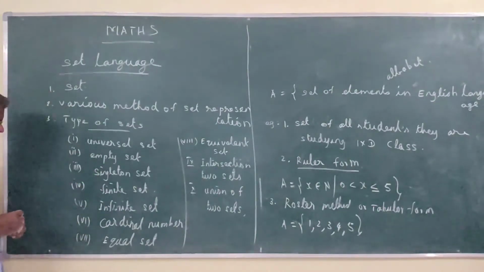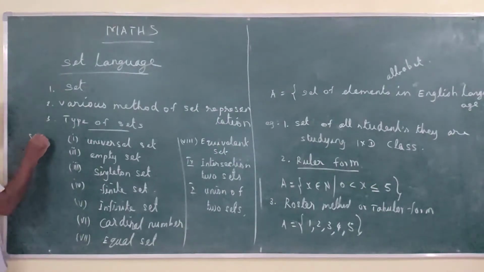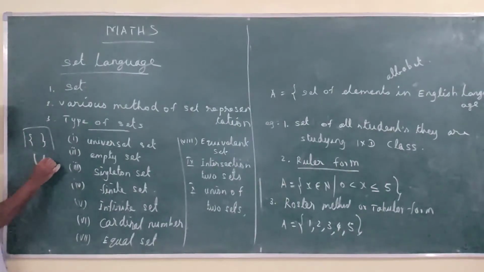First of all, we must know the set symbols. This is a set bracket. Then for the universal set, the symbol is capital U. U for universal set, or sigma also represents the universal set.